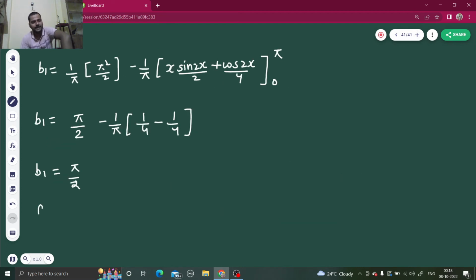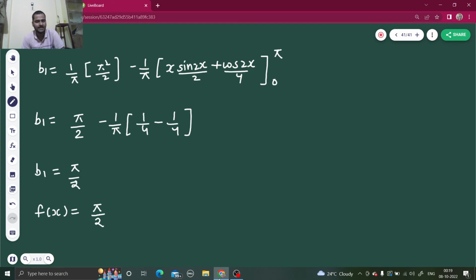Now we can find the final expression, which is f(x) equals summation n equals 1 to infinity bn sin nx was there, but at n equals to 1 we also have a different thing, which is pi by 2. So at n equals to 1 multiply pi by 2 with sin nx taking n equals to 1.